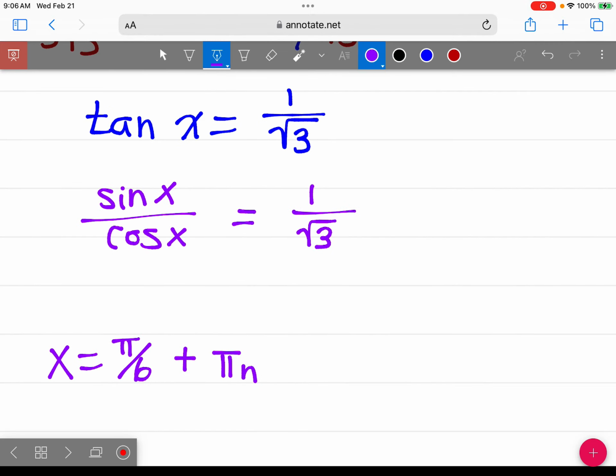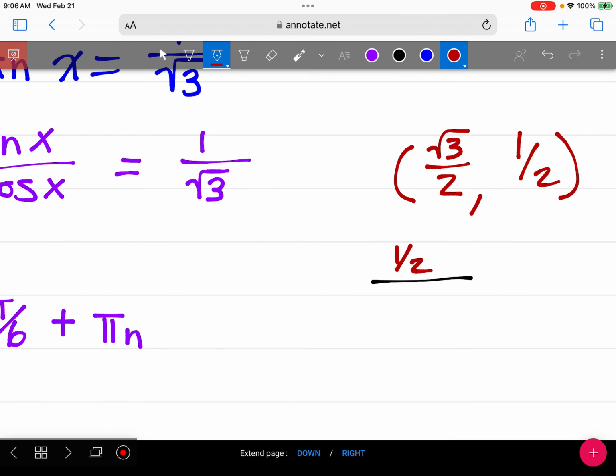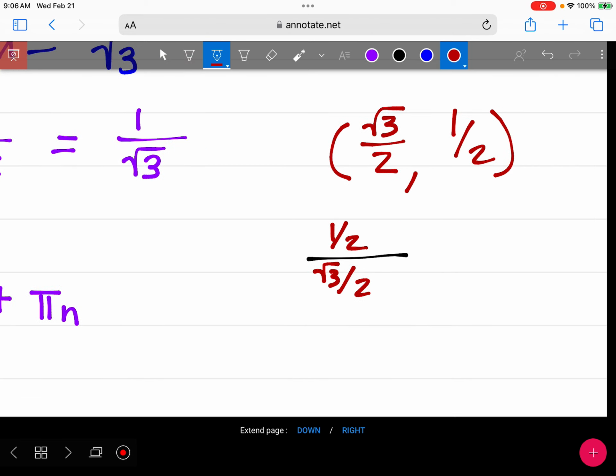So if we look at pi over 6, our ordered pair for pi over 6 is square root of 3 over 2, 1/2. If I take my sine, which is 1/2, and we put it over square root of 3 over 2, those 2's actually cancel out.